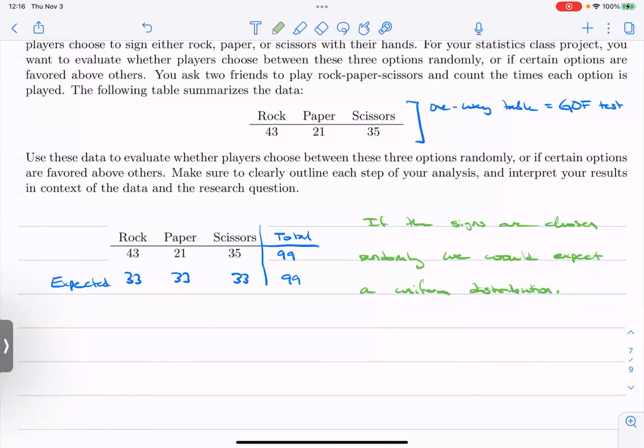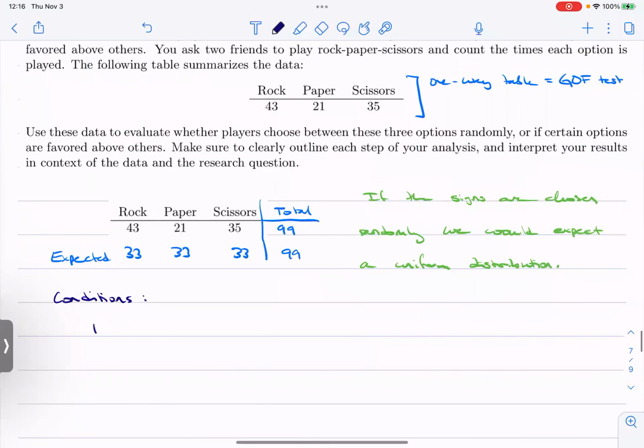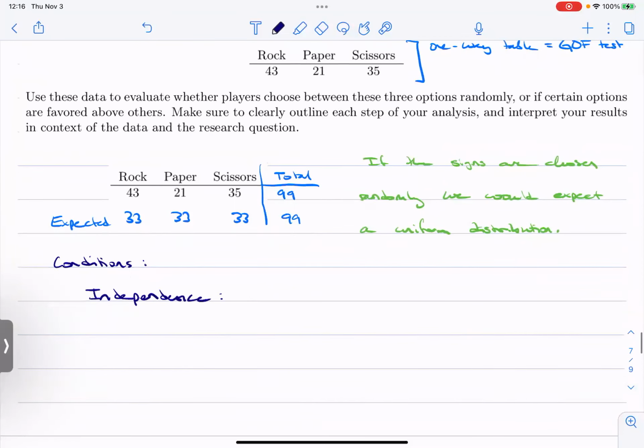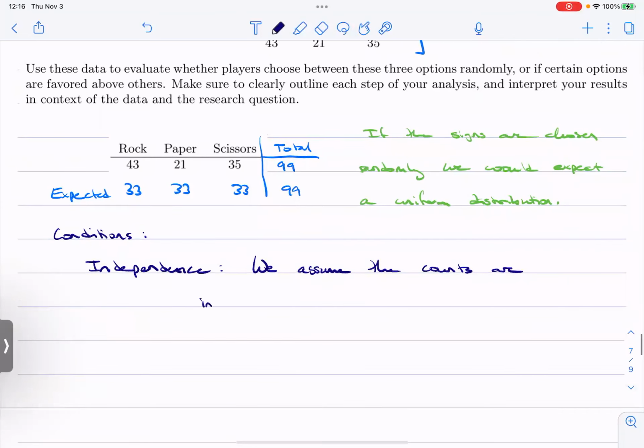Now, in terms of the conditions, independence. It doesn't say that you chose your friends randomly or anything like that. So we're just going to assume the counts are independent of each other.